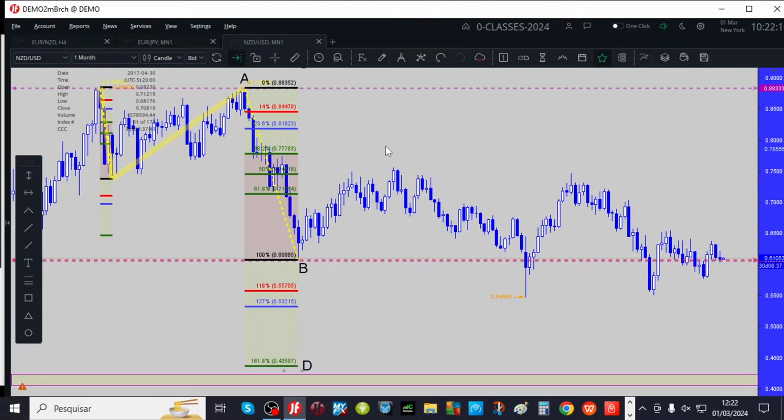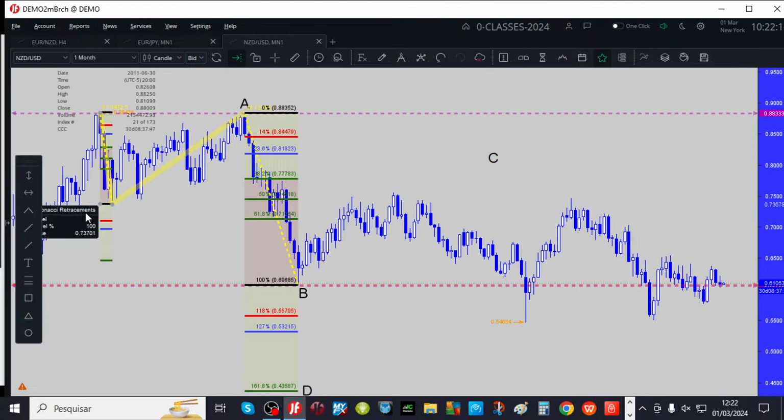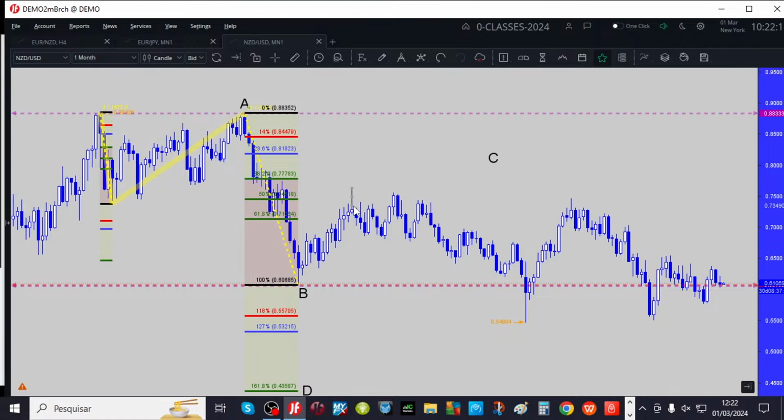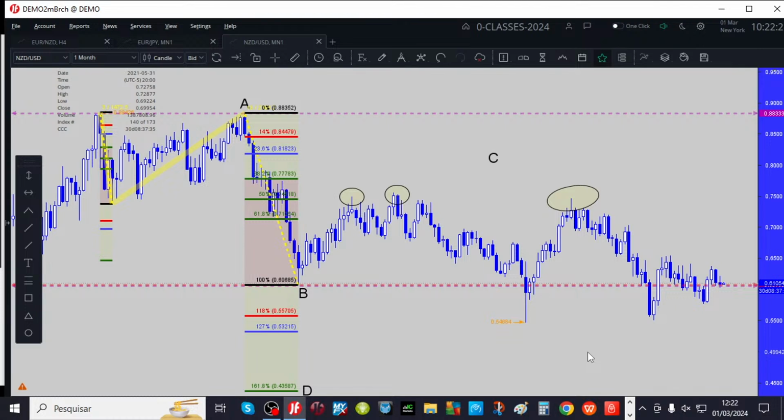That's the D. Now, which one is our C, everybody? Is the first circle our C? Is the second circle our C? Or is the third circle our C? Which one? And we are using the original Fibonacci to determine trend direction.